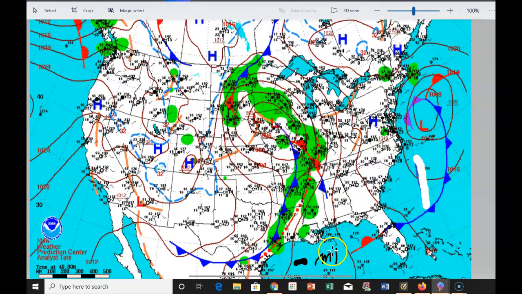This maritime tropical forms in the Gulf of Mexico, and these will have a tendency to flow to the north. The cold air, which is a continental polar, is cold and dry, and these will form in Canada, and they will flow down south.